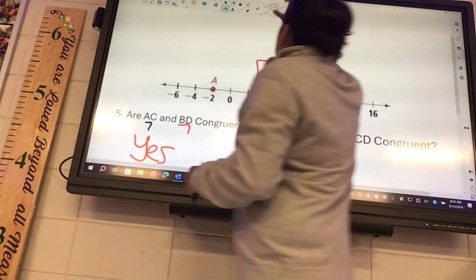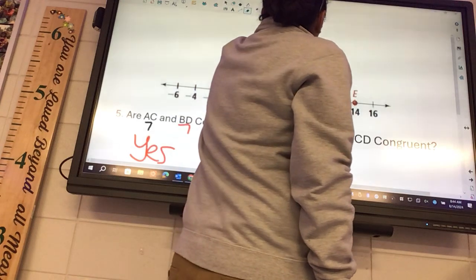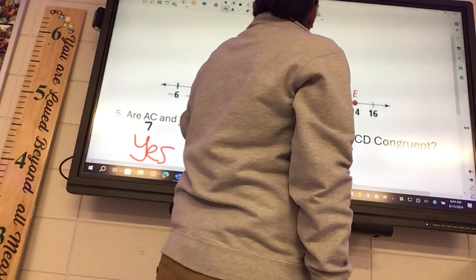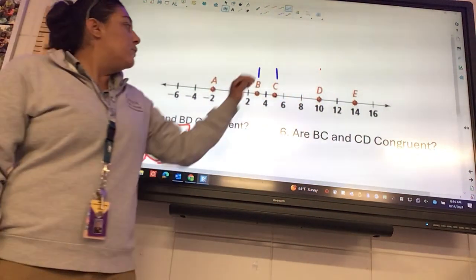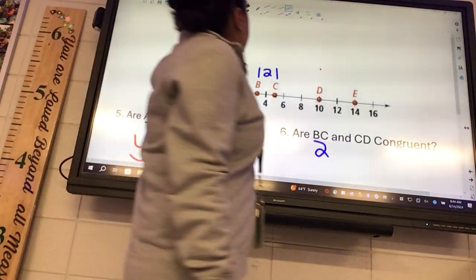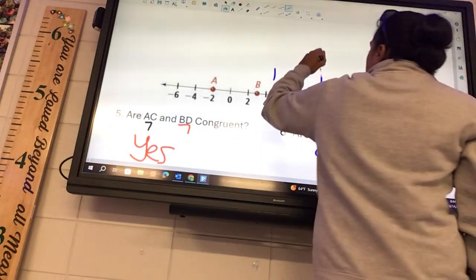Okay, 6. We got BC. B to C. Okay, well, what is B on? 3. What's C on? 5. So from 3 to 5, how many numbers is that? 2. Okay, so this one is 2. BC is 2. What about C to D? Okay, what's C on? C is on 5.